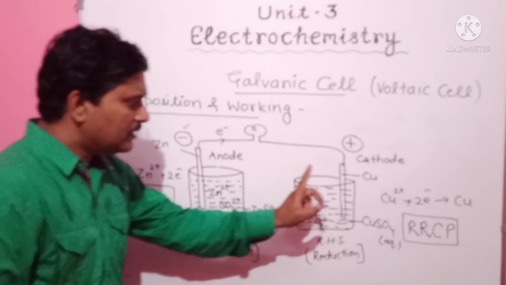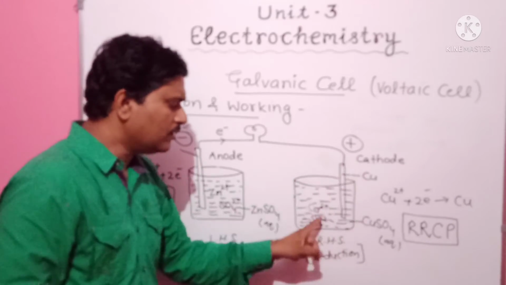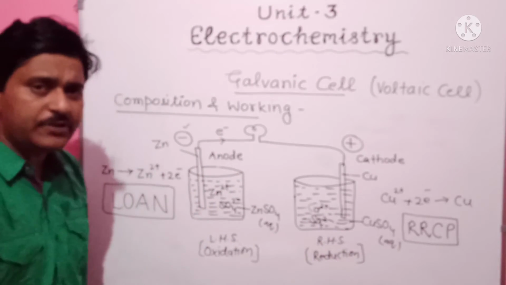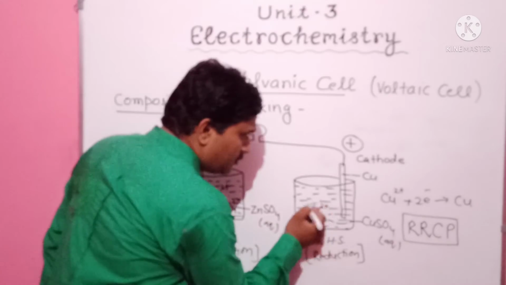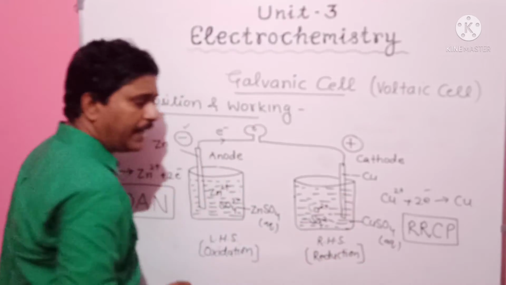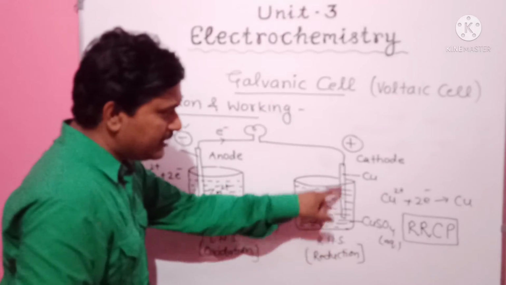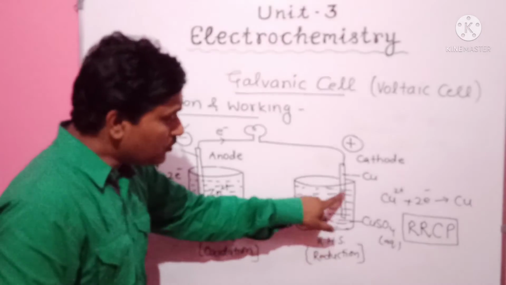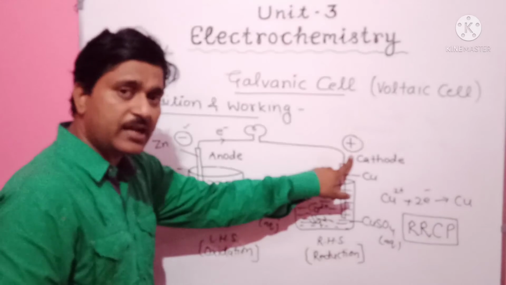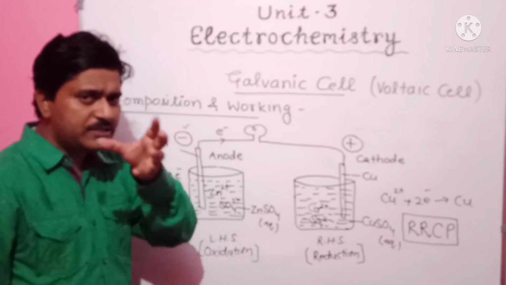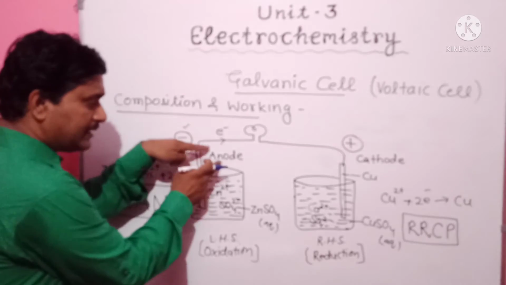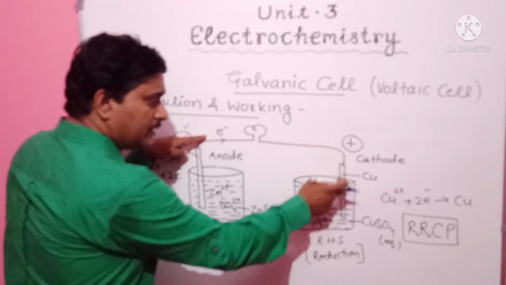In the case of the right hand side cathode, what happens? Copper sulfate is dissociated into copper 2 positive ions and sulfate 2 negative ions. These copper 2 positive ions are available here at the cathode, so it contains positive charge. Positive charge always attracts negative charge, so the electrons available at the anode are attracted by the cathode.